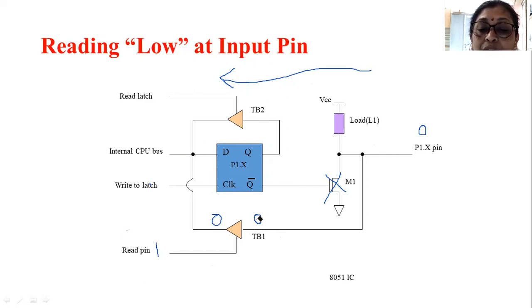In the same way, 1 can be read. So what will be done to read 1 from the port pin? Initially D will be made 1, Q bar will be 0, so obviously the MOSFET will be off, and at this time the port pin is made 1 externally, and this logic 1 is applied to the buffer. The read pin is made 1, so this 1 will be available at the output of the port, and the same thing will be given to the internal bus of the CPU.